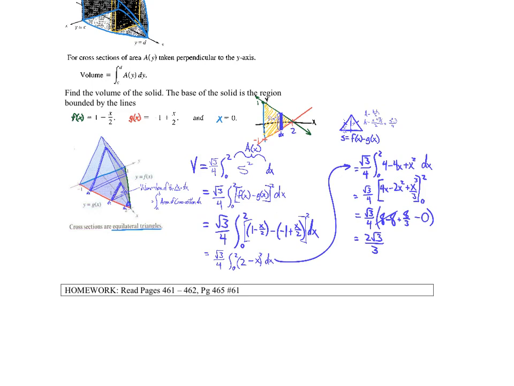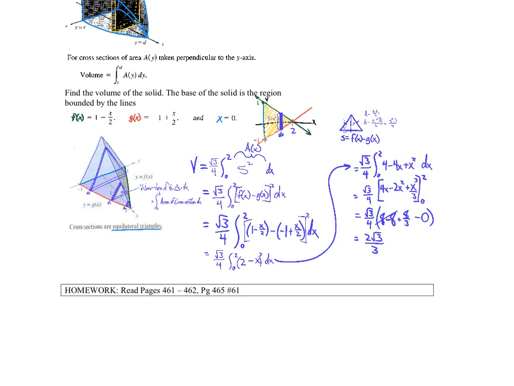It would look totally different, but we could use the same f of x and g of x. So you're going to be told what the cross section is, because otherwise you could make it whatever you wanted and get totally different things. That's a great question.